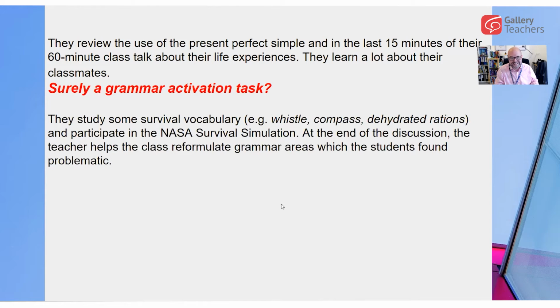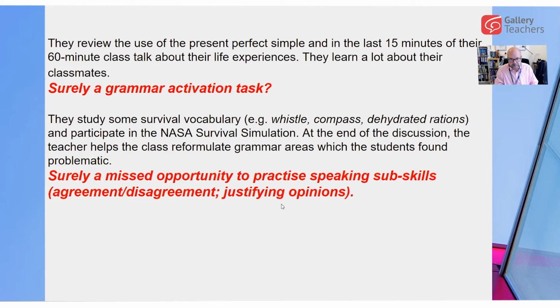Likewise, the NASA survival simulation: if the teacher makes the mistake in feedback of reformulating the grammar areas which the students found problematic, which seems like a really nice feedback activity, and yes, has its value. Nevertheless, I think there's been a missed opportunity to focus on feedback of the functions of speaking that the students really needed to attend to.